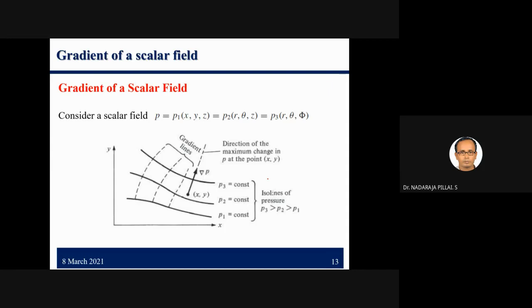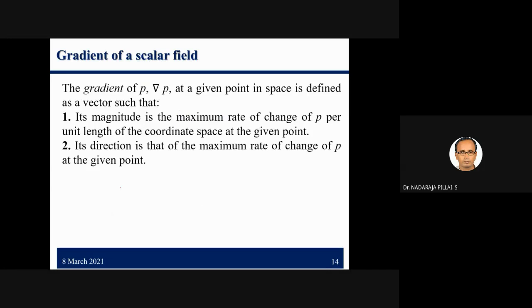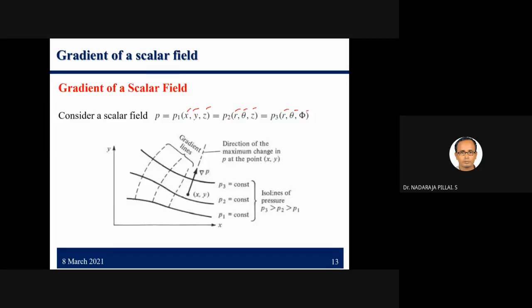Let us consider a scalar field where there is a pressure P1 of x, y, z in the Cartesian, cylindrical and spherical coordinate systems. Let us assume an xy plane, a two-dimensional plane. Ultimately, we want to calculate the gradient of P. The gradient of P is represented by this inverted del, del P.